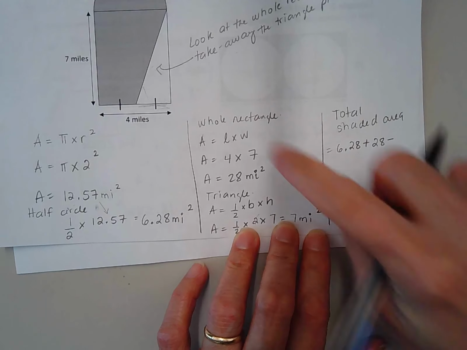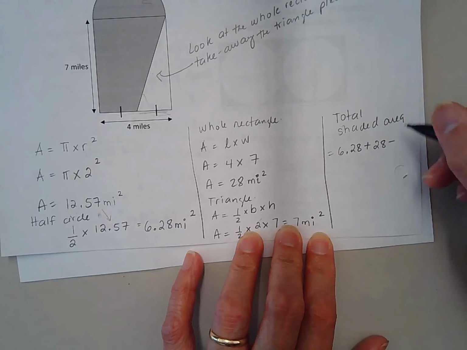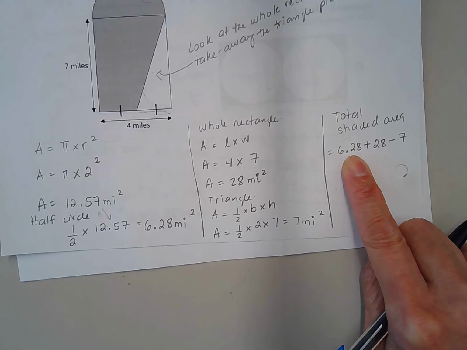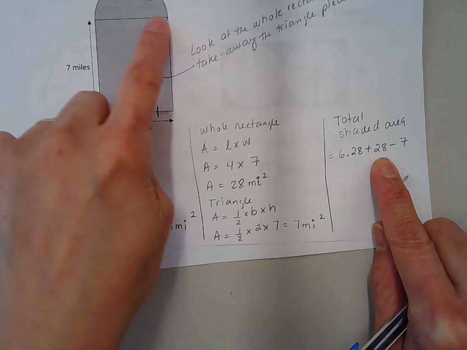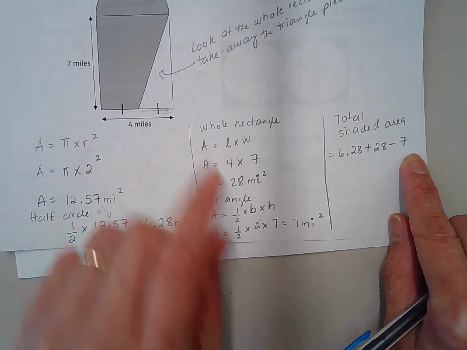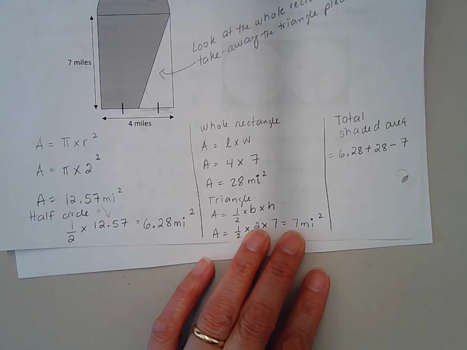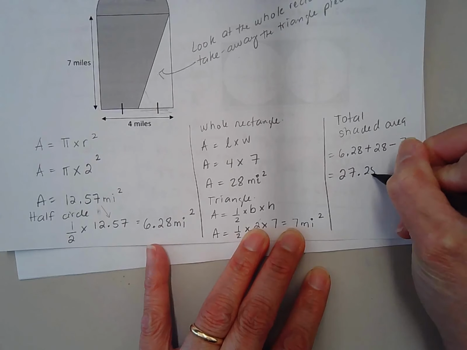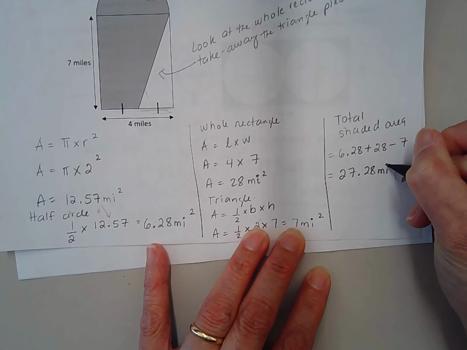But then we're also gonna take this piece out, which is 7. So this is half a circle, this is the whole rectangle, but then we're taking away the triangle. So it's gonna be a total of 27.28 square miles.